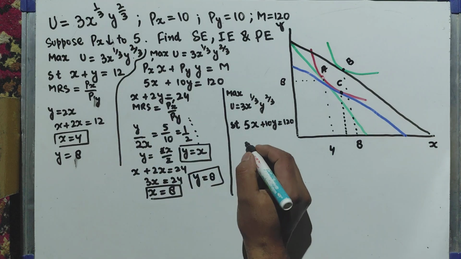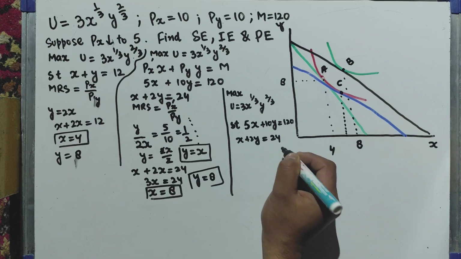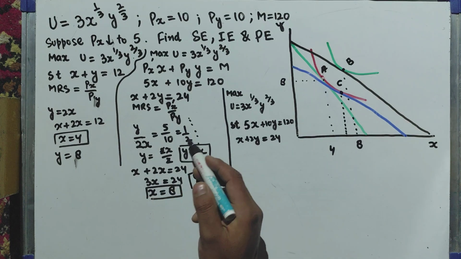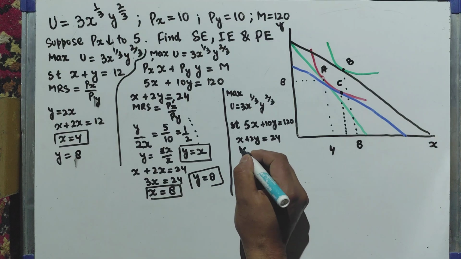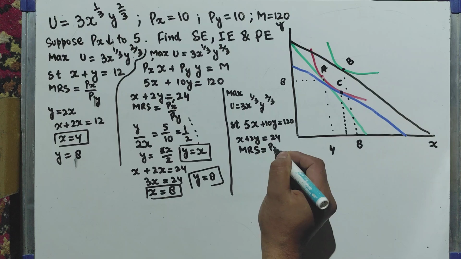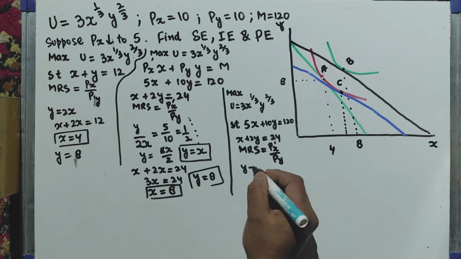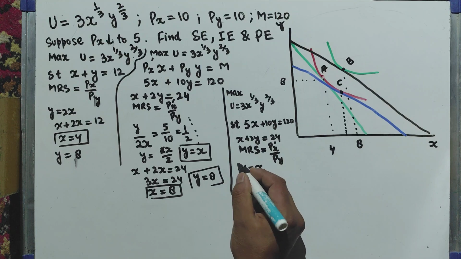Solving further, which we got here, x plus 2y is equal to 24, or when we solve for MRS equal to the price ratio, price of x upon price of good y, we got y is equal to x.